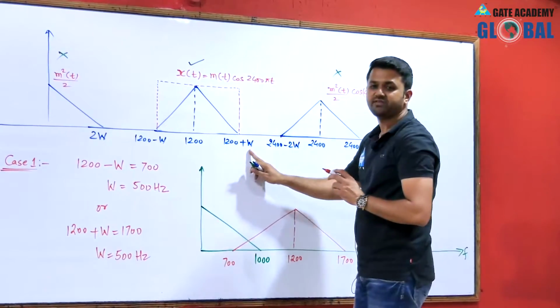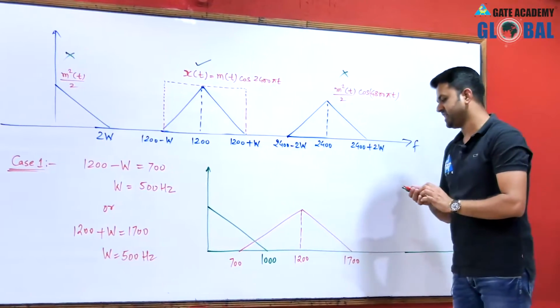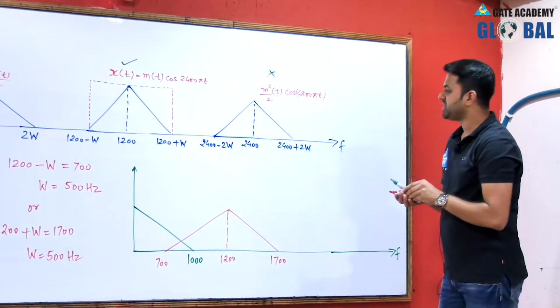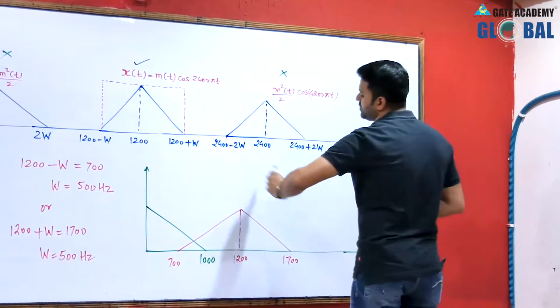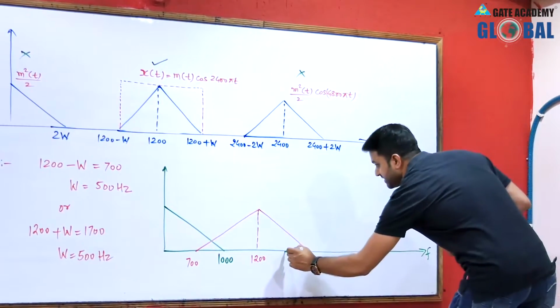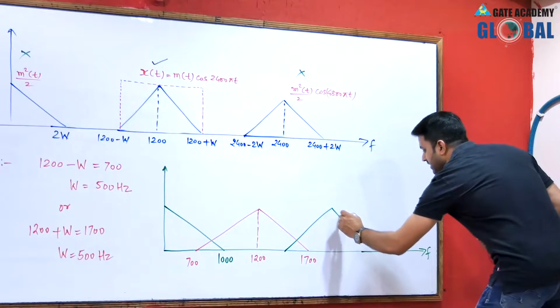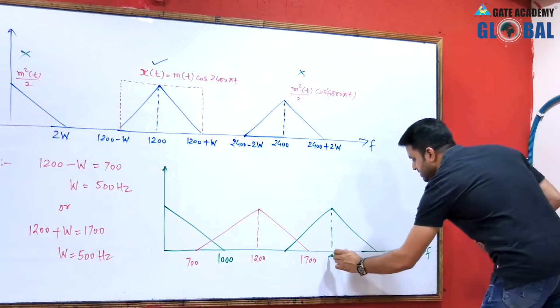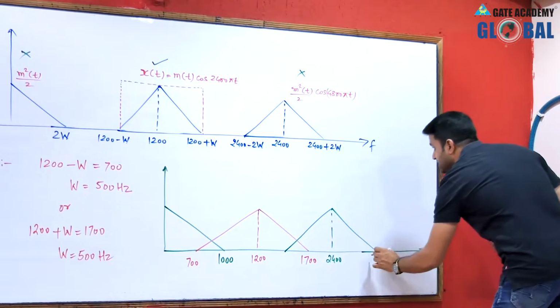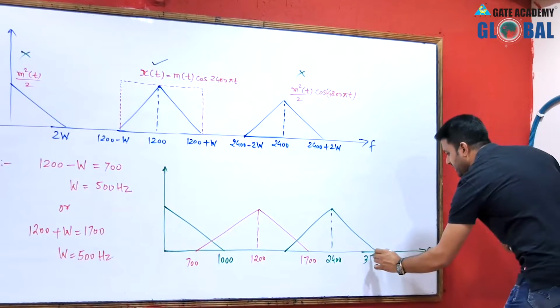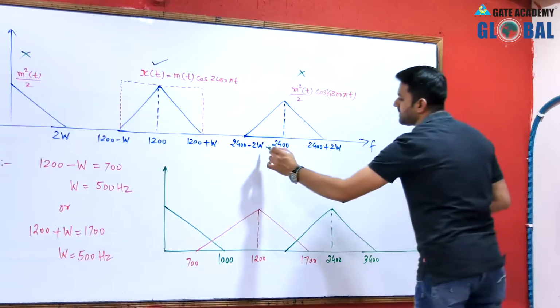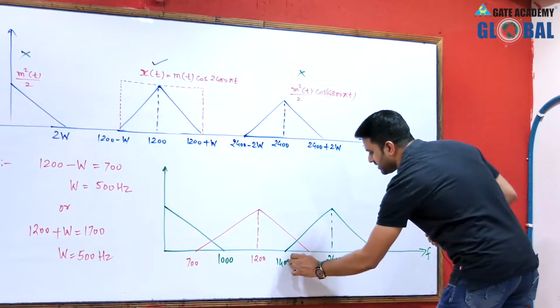If I put 500 here, 2400 plus 500 into 2, that is 1000, so 1400. This is 2400, this is 3400 and 1400.